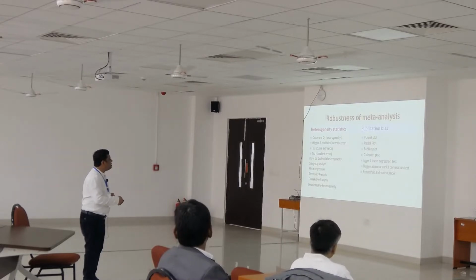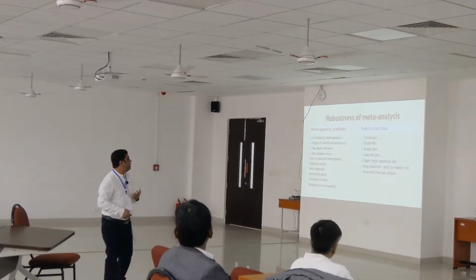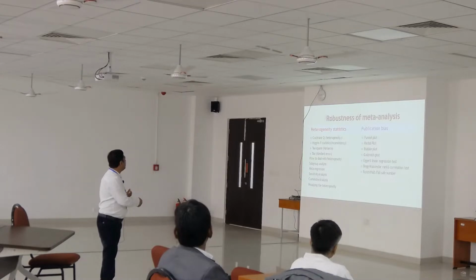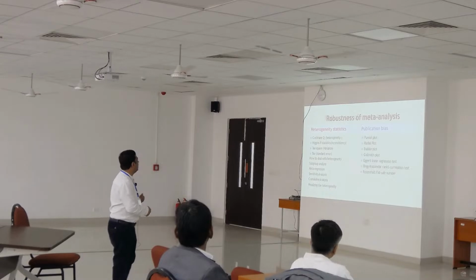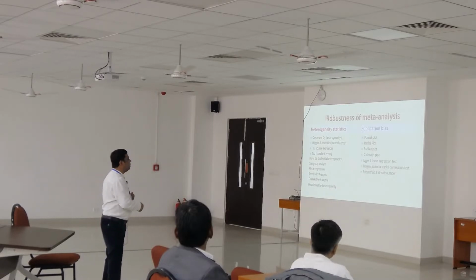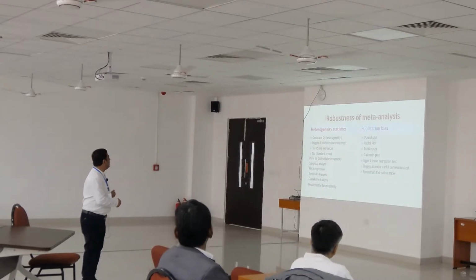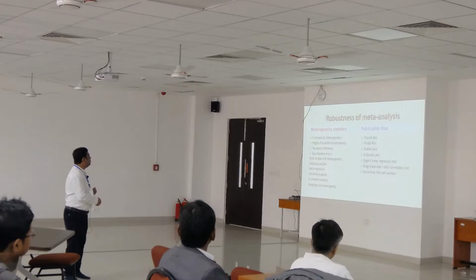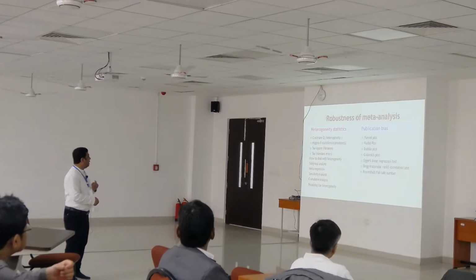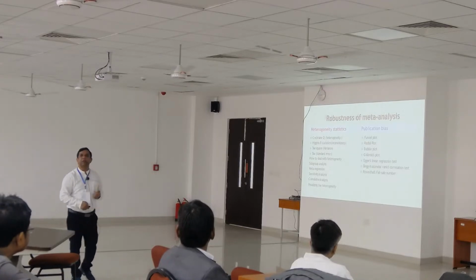The robustness of the meta-analysis depends upon two important factors: one is the heterogeneity statistics, another is publication bias. Heterogeneity is normally measured by Cochrane Q, Higgins I-squared statistic, tau-squared, which gives the variance, and tau, which is the standard deviation. To deal with heterogeneity, we initially try subgroup analysis, and meta-regression based on baseline characteristics.